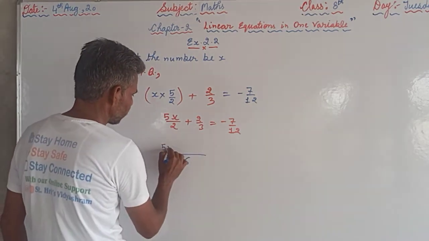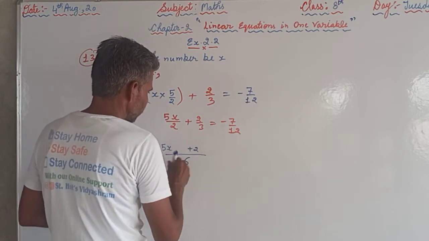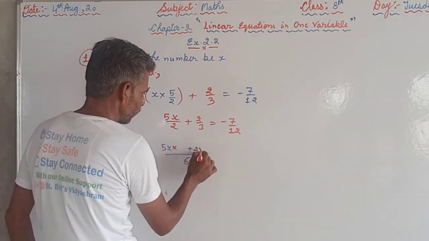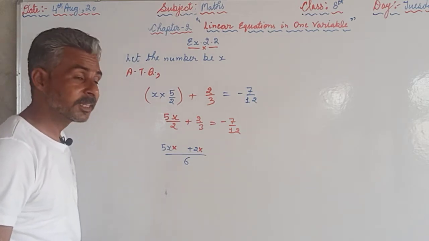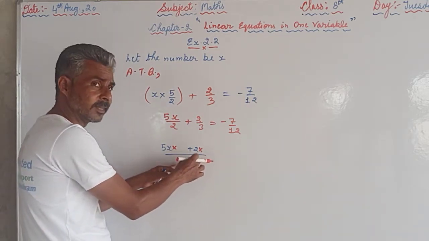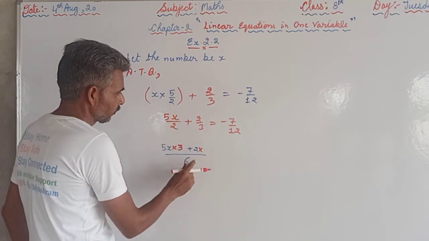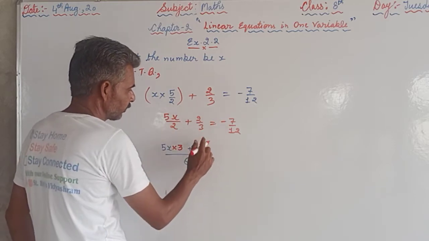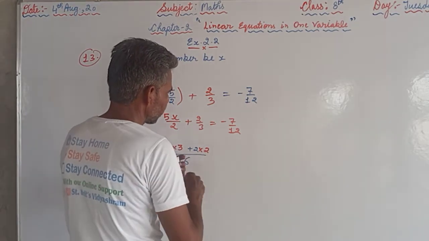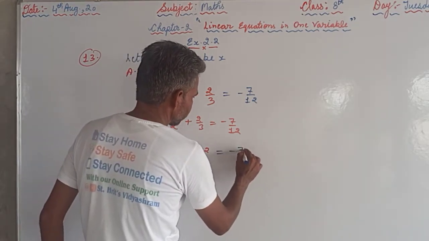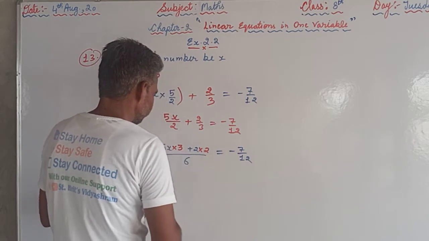So we will write 5x here and we will write 2 here, and then we have to multiply by some number. Which will be that number? We have to divide the LCM by the denominator. 6 by 2 we will get 3, and 6 divided by 3 we will get 2, and this side we are having the same number, that is -7 upon 12.